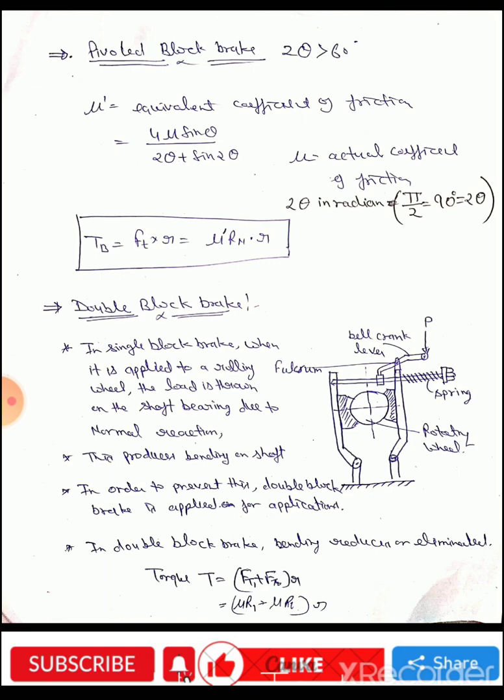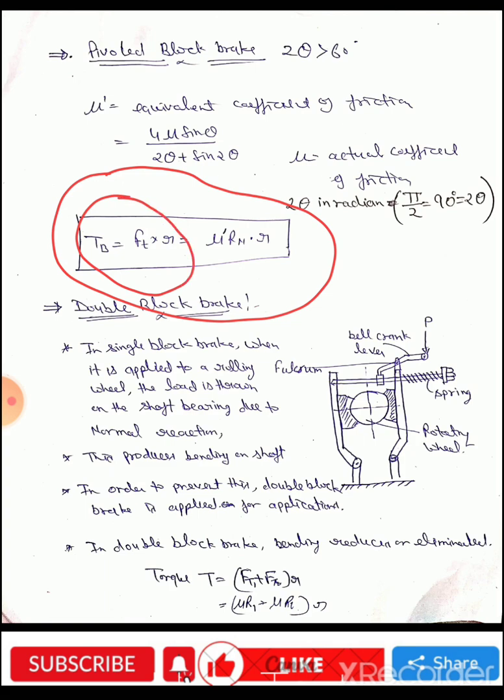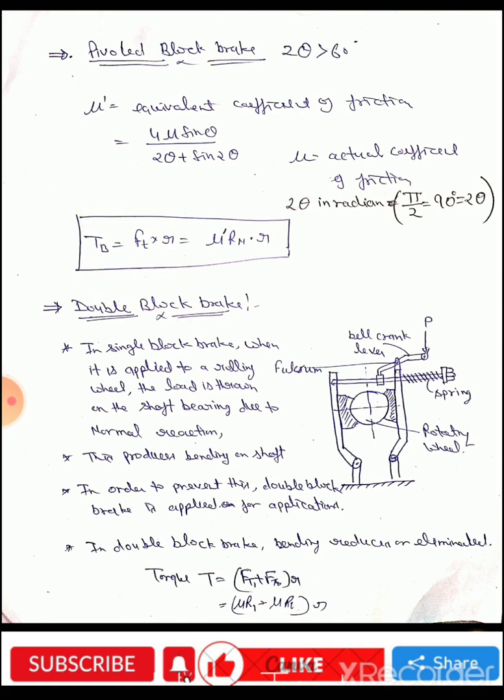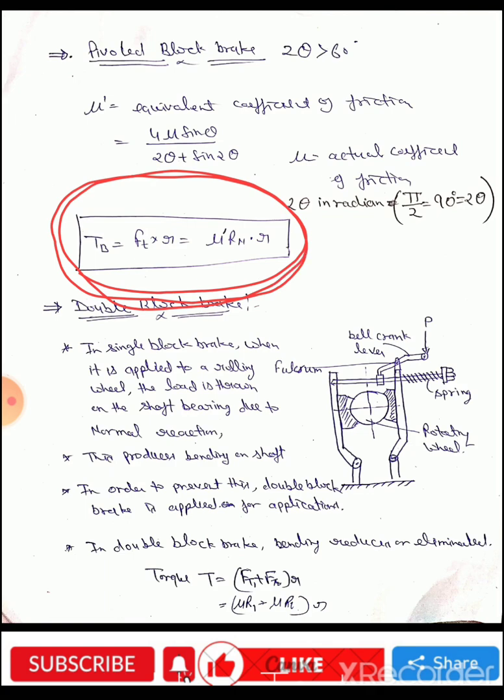So TB is equal to Ft into R, and putting the value of Ft, we obtain the final equation TB is equal to mu dash Rn into R. This is the equation for pivoted block brake, and other conditions are equal to single block brake.